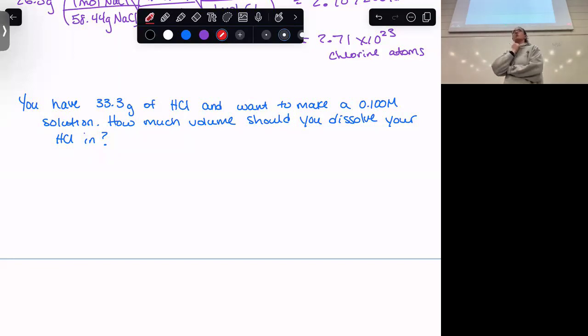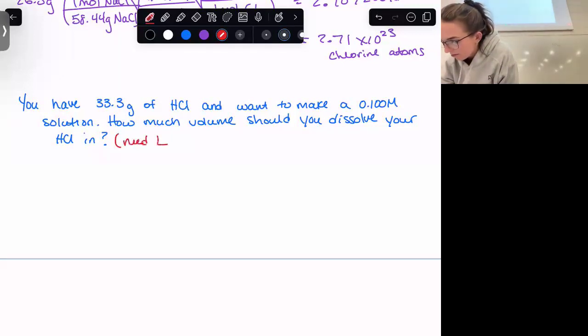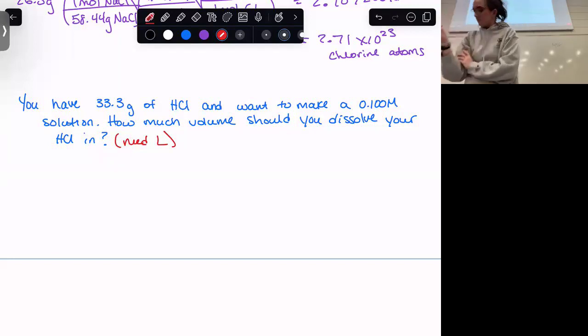All right, so what unit are we looking for here? We're looking for something in liters, right? Can we get there? Yeah, we can. What's the first thing we're going to do? We need grams to moles.